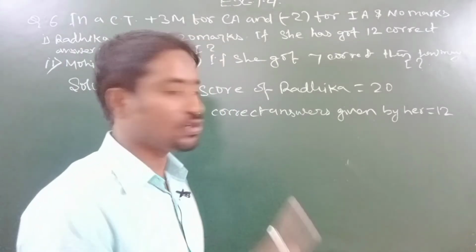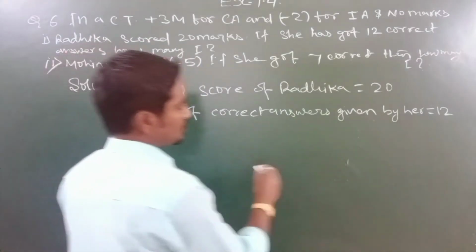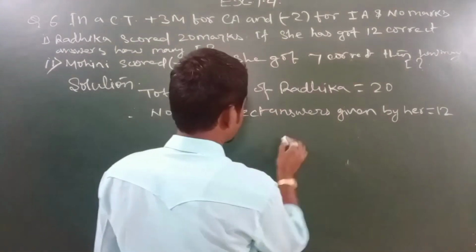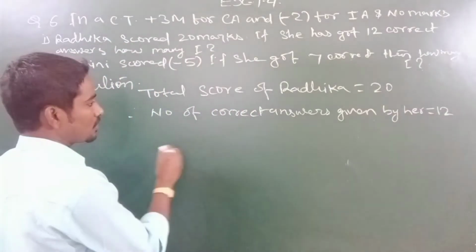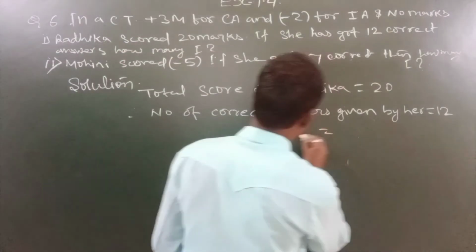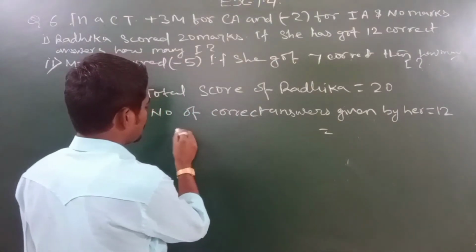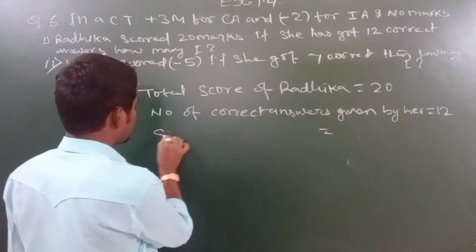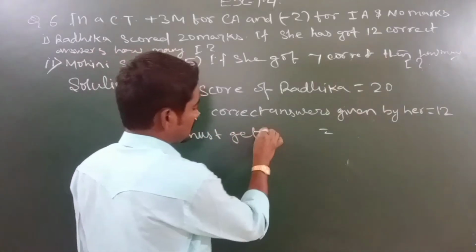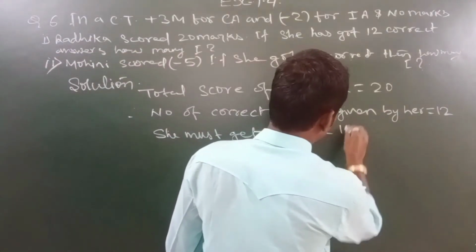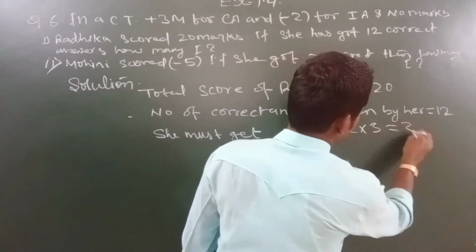That is 12 into 3. So she must get a total score of 12 into 3, that is 36.